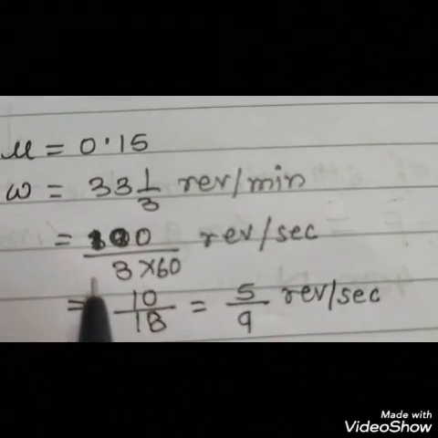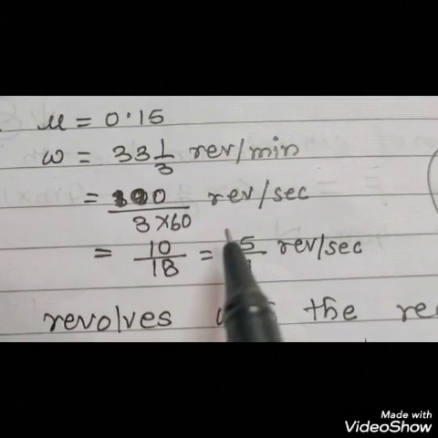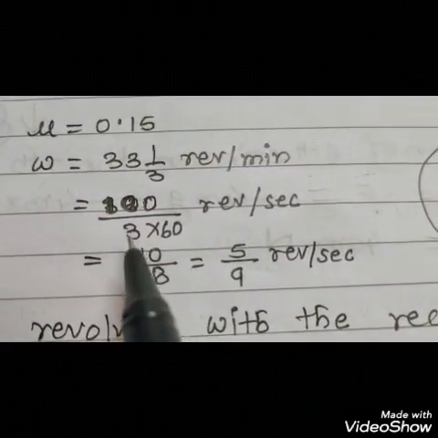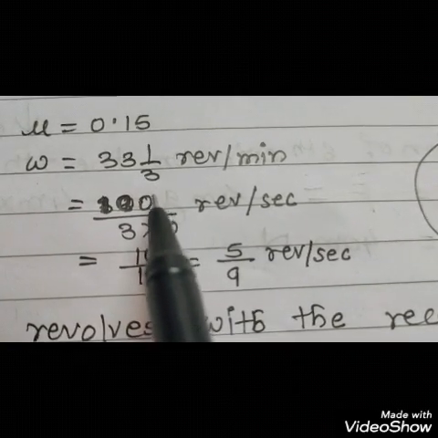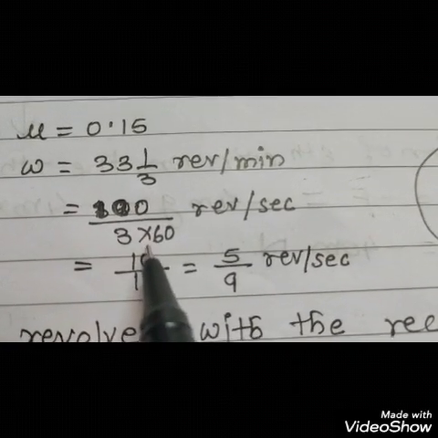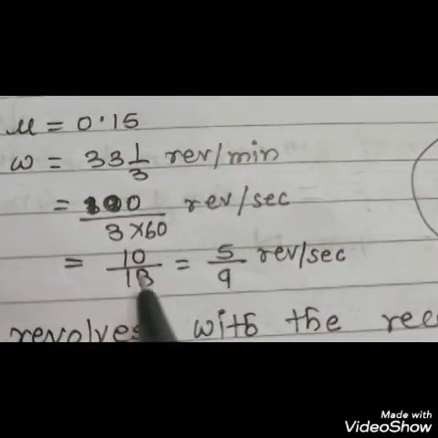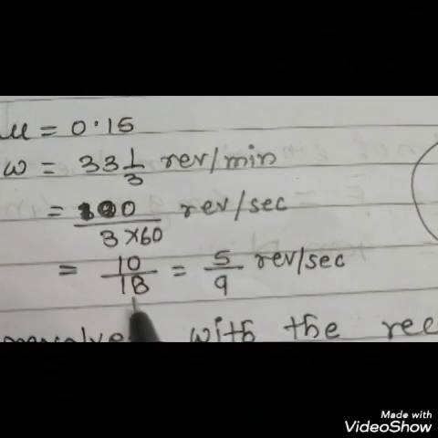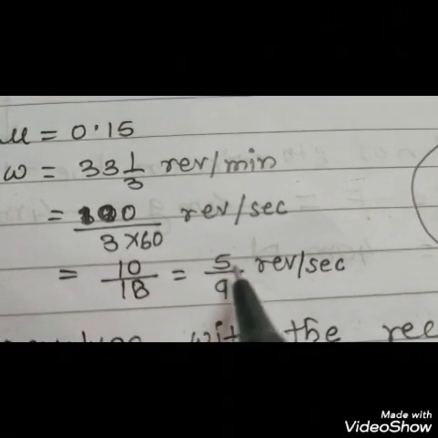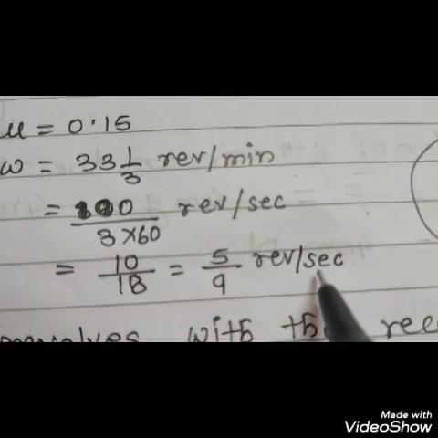So if we change this into revolution per second, 33 1/3 is 100/3, divided by 60 revolution per second. So it is 10/18, or you can say 5/9 revolution per second.